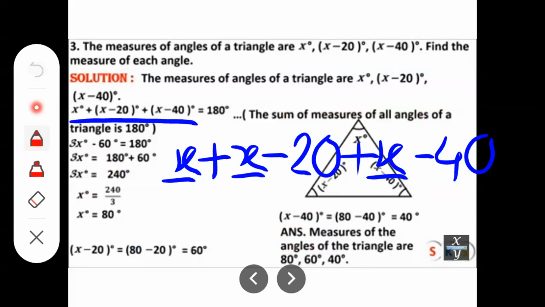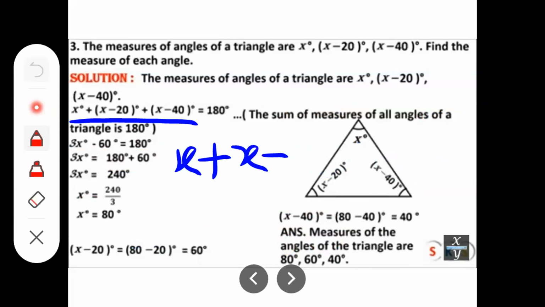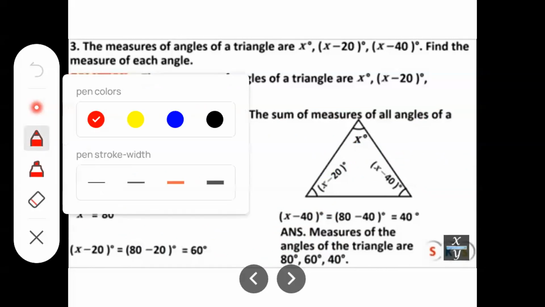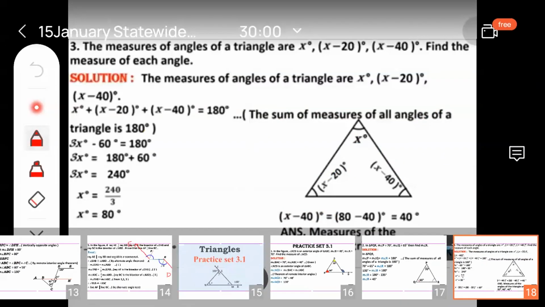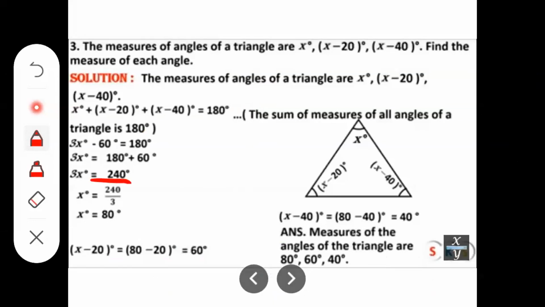So here 180 plus 60, the value will be 240 degree. Then as 3x is equal to 240 degree, the x will be, this 3 is in multiplication with x, so on the other side it will divide the value.